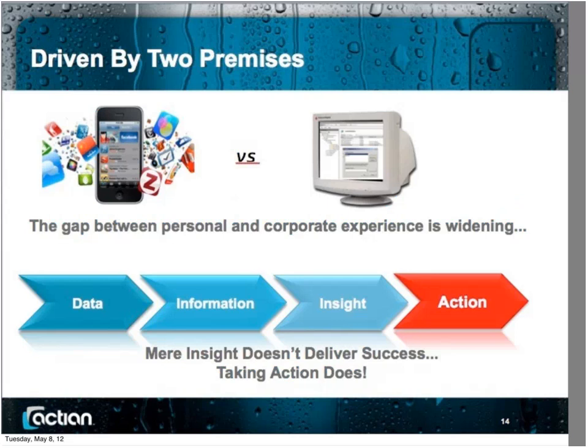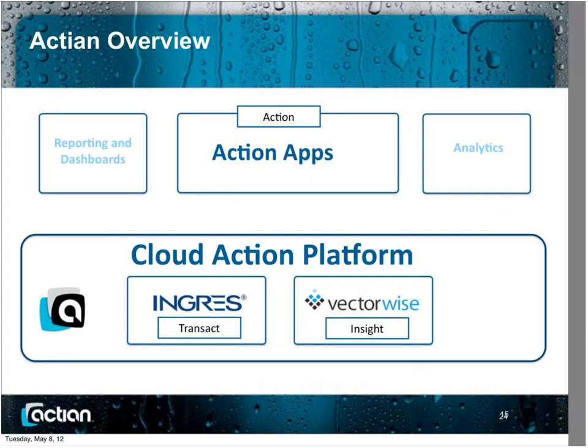When you're sitting behind a desk, there's a lot of work that seems like batch processing, and people will multitask the batches. So that's one point. The second is that analytics is fine, but action is what fuels success. People need to take action to drive their business forward. And so we've developed this category of action apps, which is powered by the Cloud Action Platform.